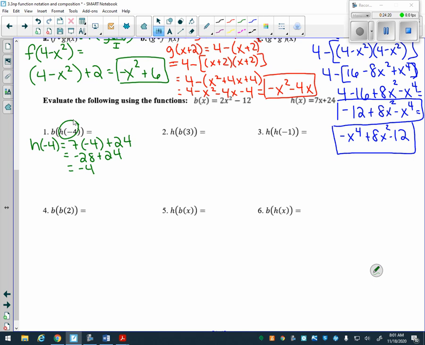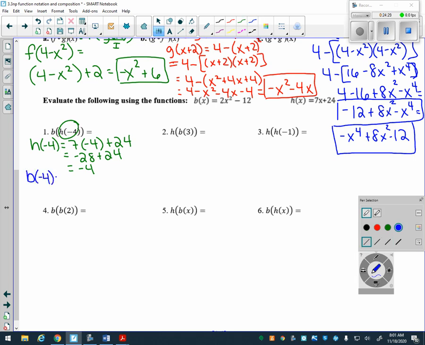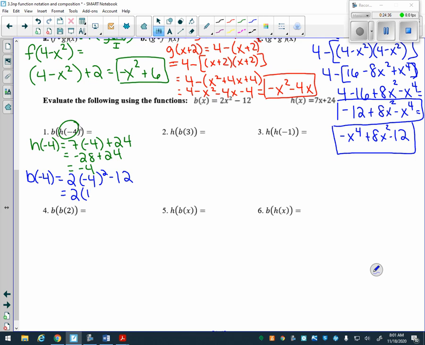So now I take negative 4 and input it into the b function. So b of negative 4 is 2 times negative 4 squared minus 12. 2 times 16 minus 12 gives us 32 minus 12, which is 20. So after going through composition, b of h of negative 4 equals 20.